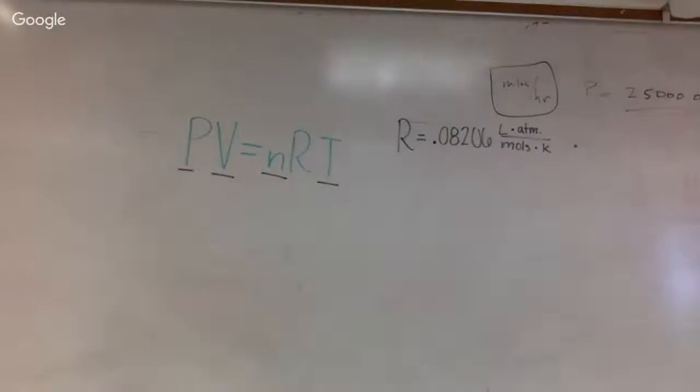As you already know, it is very unlikely, because that's how evil we are, that we're ever going to give you all four of those units, liters, atmospheres, moles, and Kelvin. We will give you things instead like milliliters instead of liters. And instead of Kelvin, we'll give you Celsius. Instead of moles, we'll give you grams or molecules. And instead of temperature in Kelvin, we'll give you temperature in Celsius.